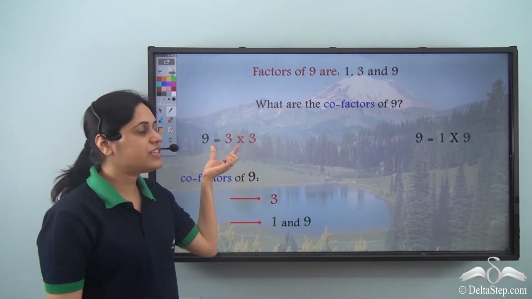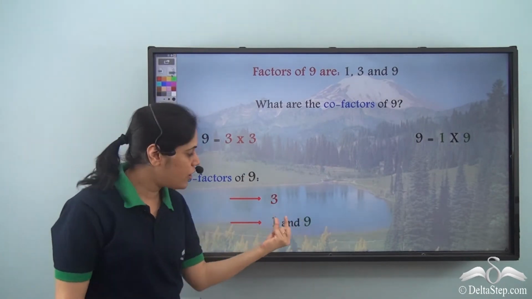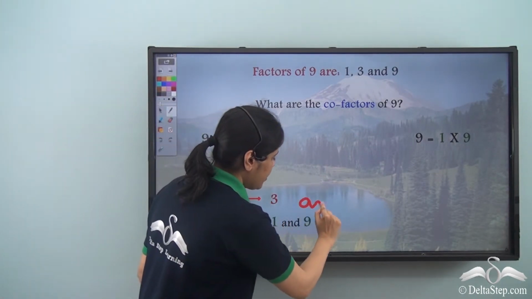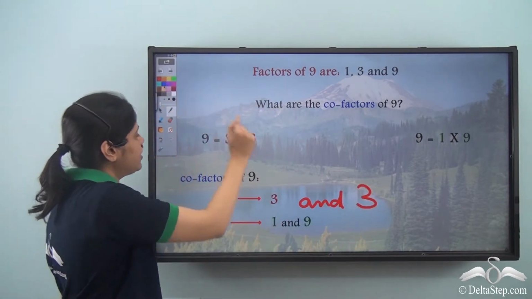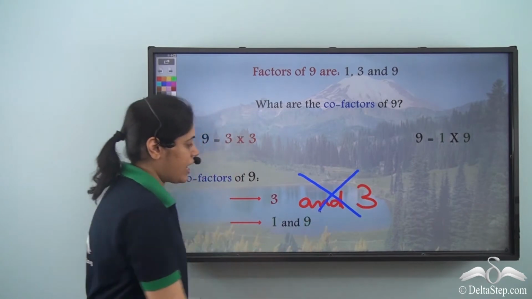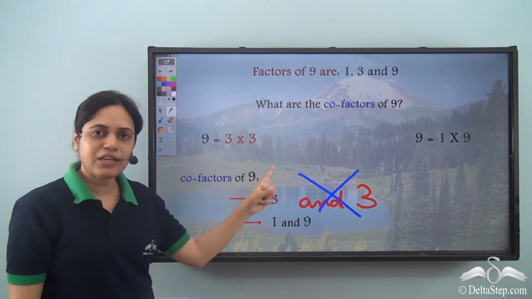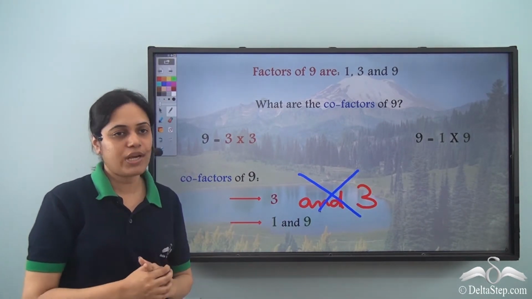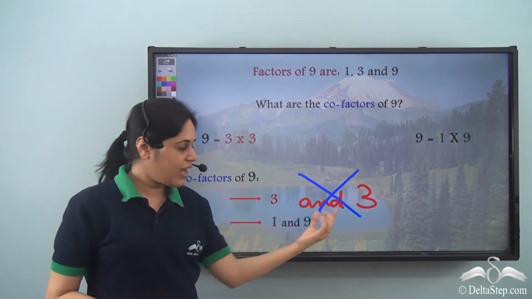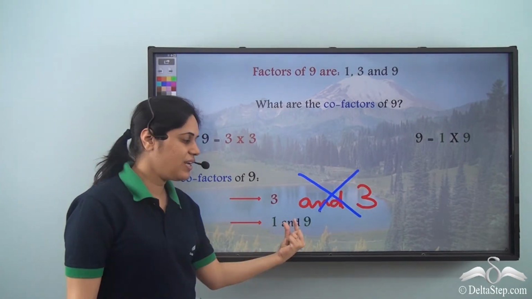When we have the same number, we don't write it twice. I'll not write 3 and 3, this is actually incorrect. I simply write 3. So when it is 3 and 3, only 3 would do. I don't need to write it 2 times. But for 1 and 9, since they are different numbers, I write 1 and 9.